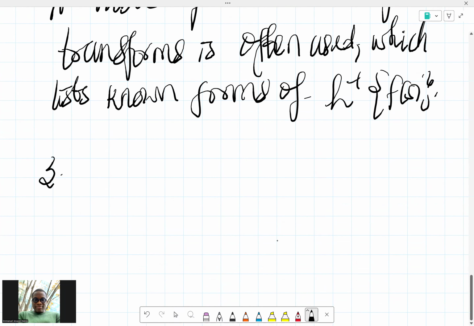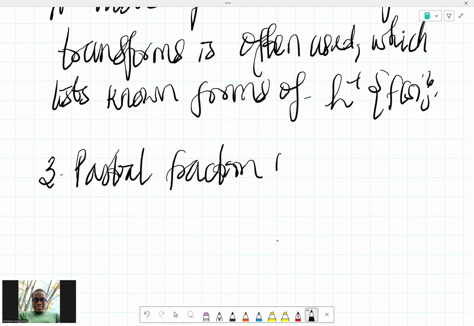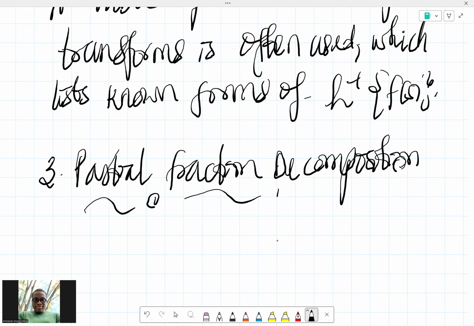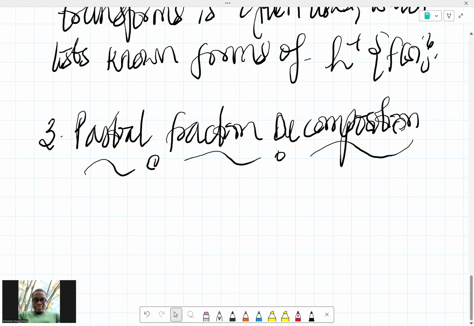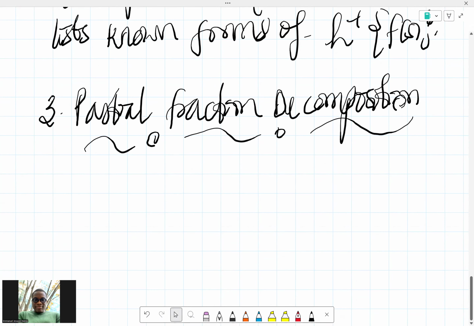Number three, you can use different methods like partial fraction decomposition. Let me talk about this and I'll elaborate on it later. Interestingly, in the next video I'll be focusing more on partial fraction decomposition to recover your time domain.